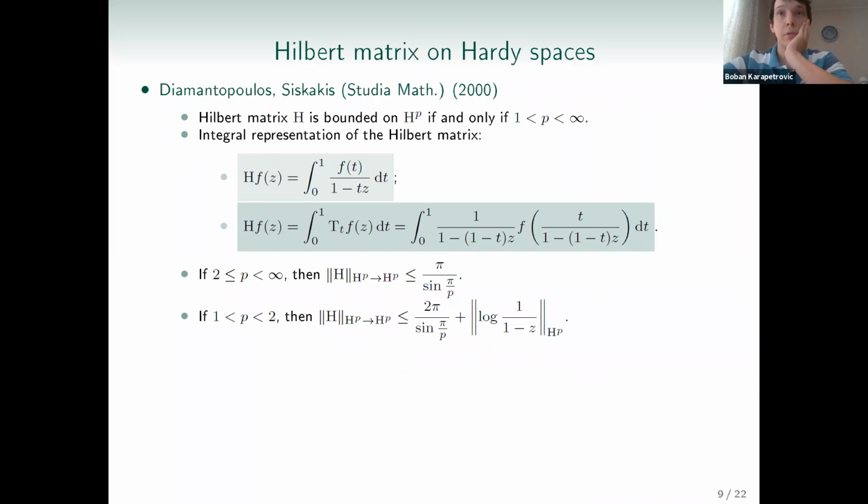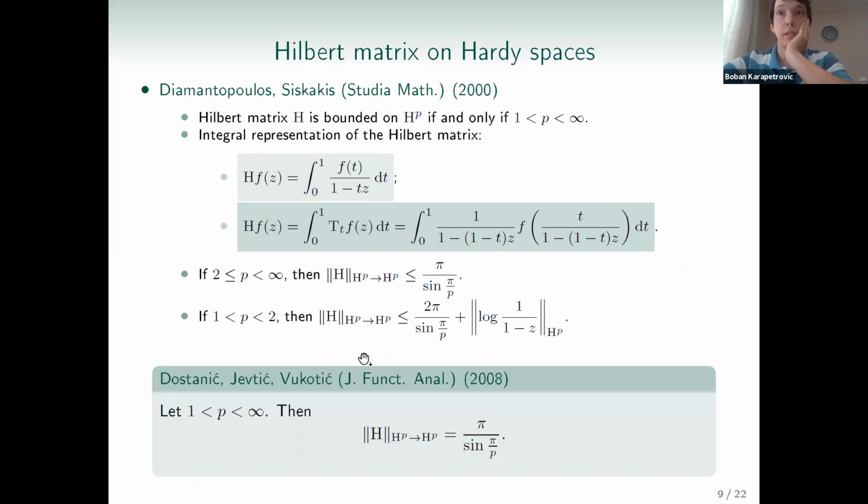And this conjecture was completely solved in 2008 by Dostanic, Jevtic, and Vukotic. They proved that in the whole range, when p is strictly between 1 and infinity, the norm of the Hilbert matrix H on the Hardy space H^p is exactly equal to pi over sin(pi over p).